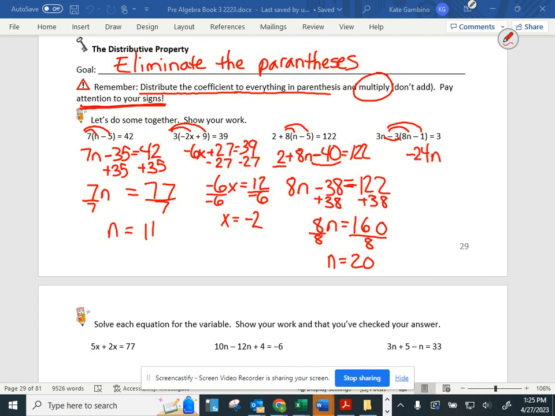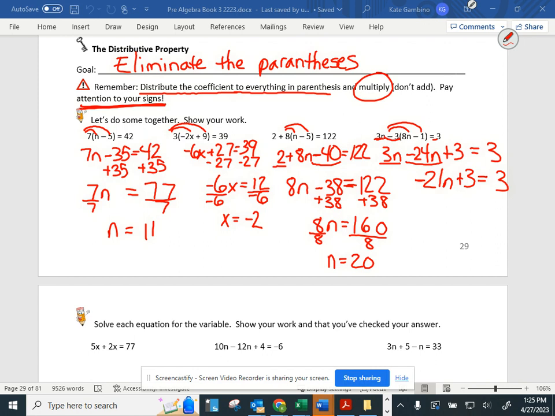Negative 3 times minus 3 is a plus 3. I bring down this 3n that was at the beginning. It equals 3. I combine like terms. 3n minus 24n gives me a negative 21n. Plus 3 equals 3.